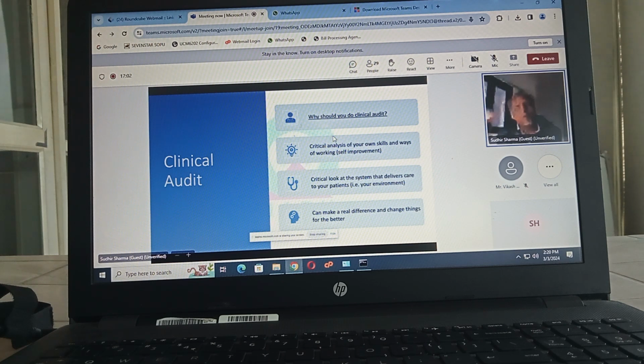There is no pot of gold at the end, there is no rainbow at the end, and there is no end. Therefore, we should continually try to audit them with a view to see, can you improve them further to make it better for the patient outcome?